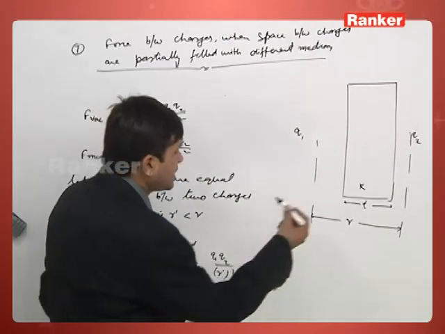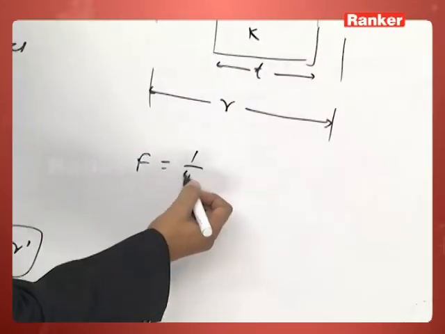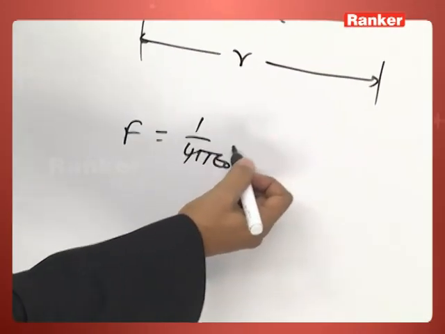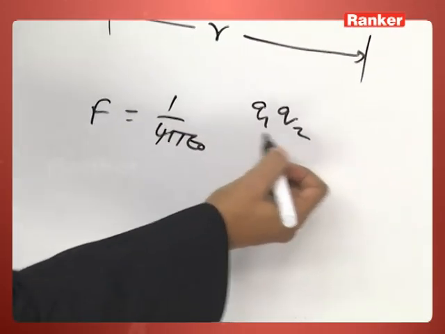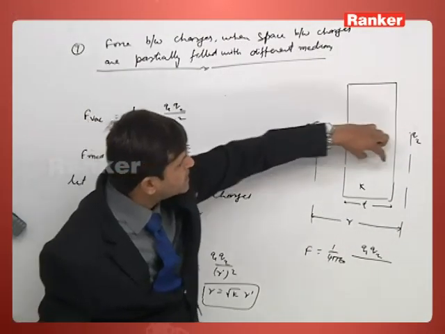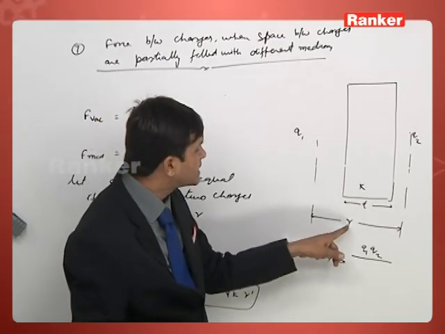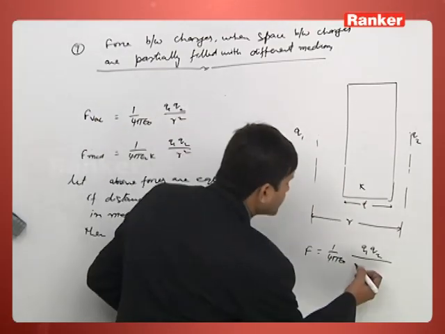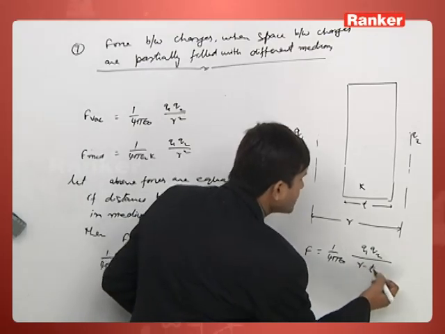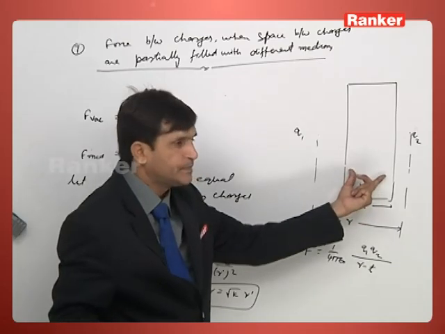So see, if we apply the same logic here, then the force will be 1 by 4 pi epsilon naught Q1 Q2 by, then already see this space and this space, it is completely in vacuum. So that distance is R minus T. R minus T is already in vacuum and T is in a medium.